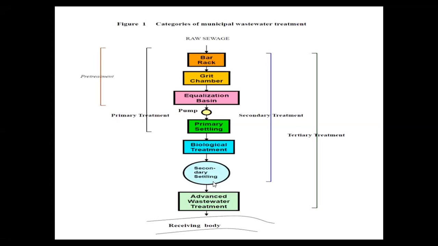For the water treatment plant, you have studied the water treatment process in the first semester. For the water treatment plant, we are collecting raw water either from a groundwater source or from a surface water source, and then we treat it in a water treatment plant, and then we can use it for drinking purpose.